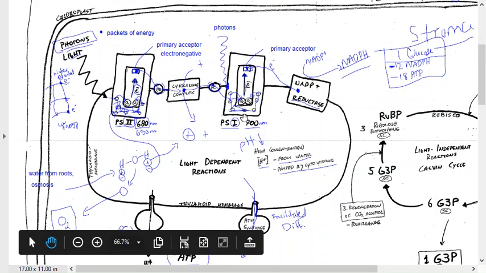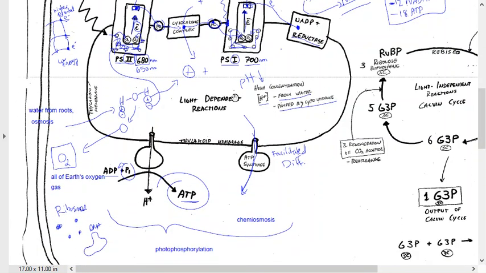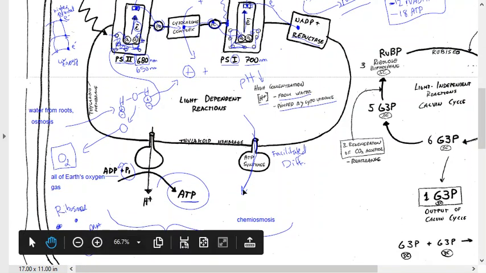All the electrons in this system ultimately come from water and get fed into photosystem 2. Oxygen gets released and the protons hang out in the thylakoid space. Those protons diffuse through ATP synthase to make ATP.